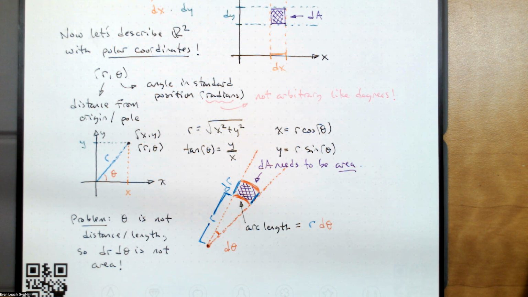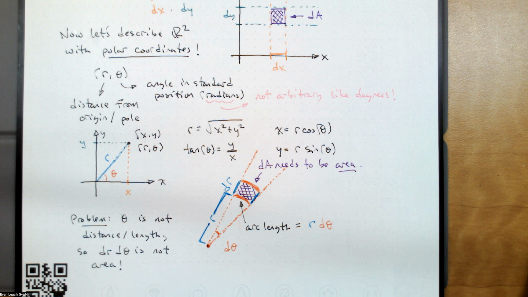So the arc length is r times d theta. Questions? That's how we turn theta, the d theta, into a length.